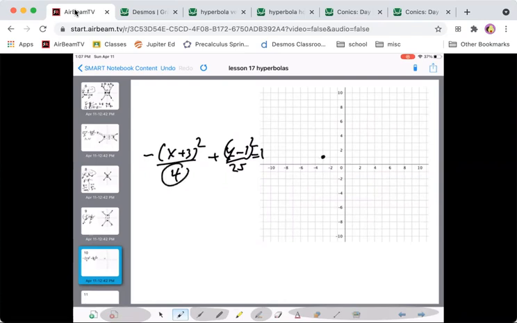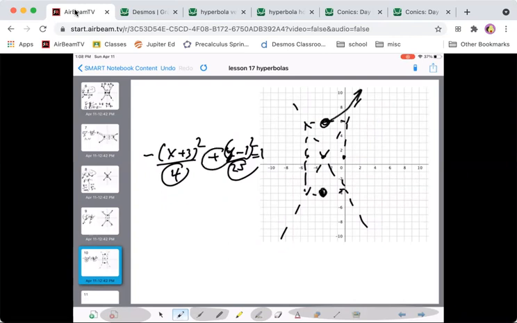Then we go left 2, right 2 to make the box. We go up 5, down 5. We make the box. We make the diagonals of the box. Then the big decision is which two things are the vertices and which are not. Well, the top and bottom of the box are the vertices in this type.